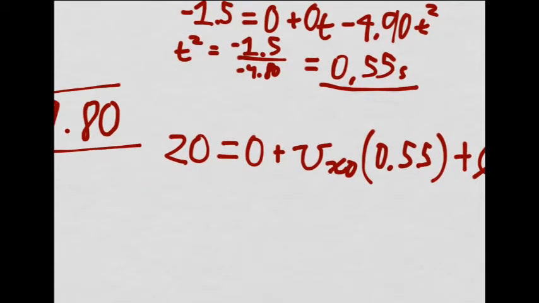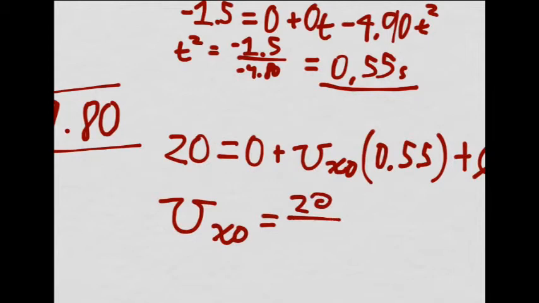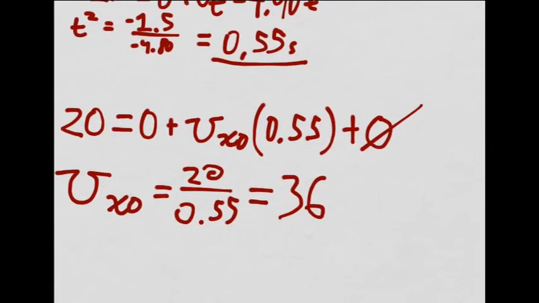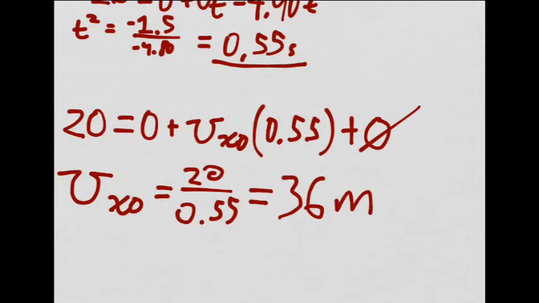So the initial velocity in the x direction is 20 meters over 0.55 seconds, which rounds up to 36 meters per second.